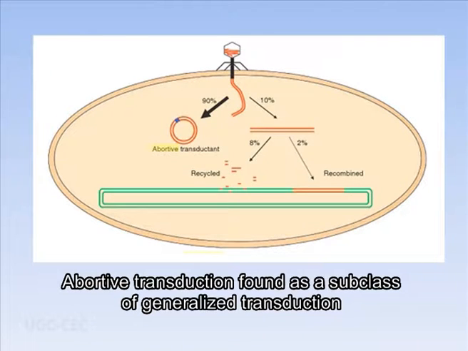So which is more stable among abortive and complete? It is the complete transduction which is more stable, because it is getting integrated and is stably inherited during cell division by all the progenies of that particular bacterial cell.